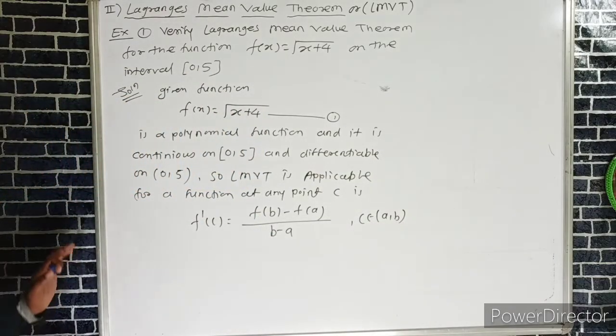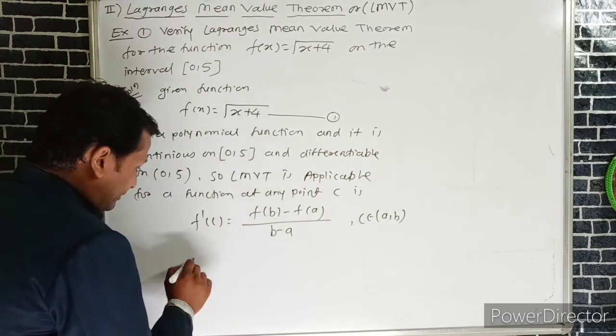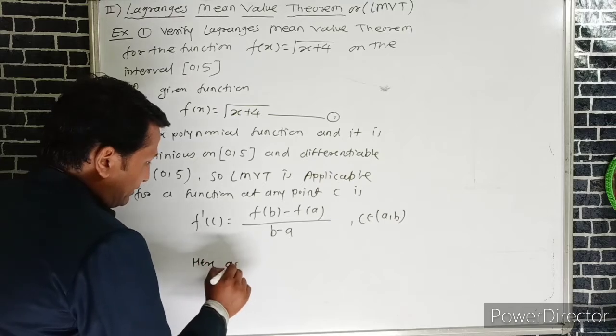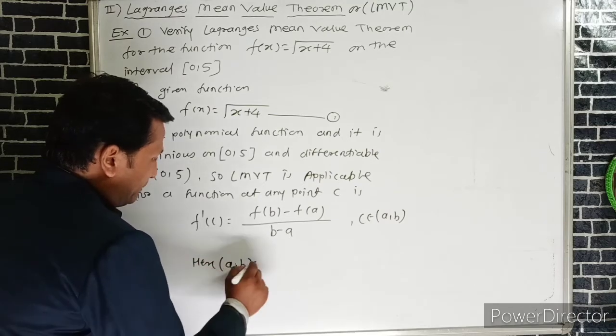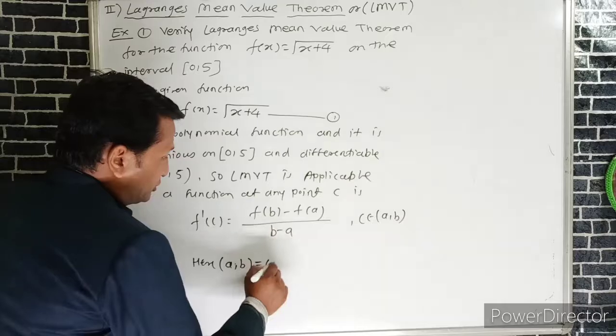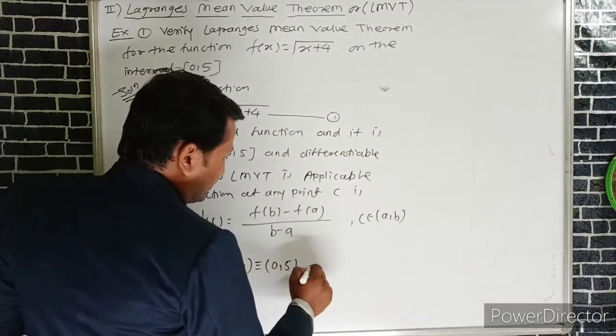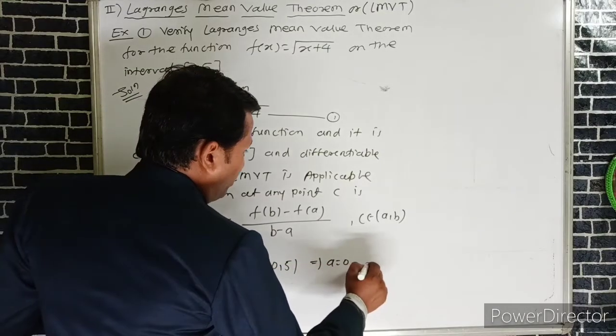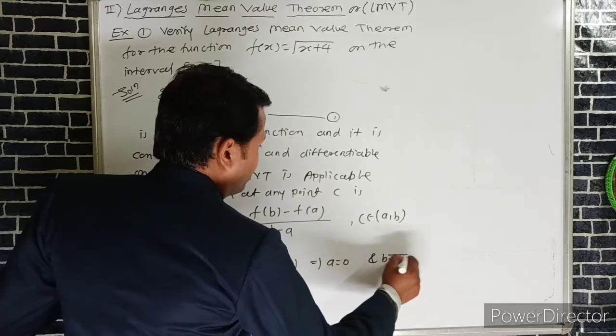Here the interval a comma b is represented by 0, 5, hence a is equal to 0 and b is equal to 5.